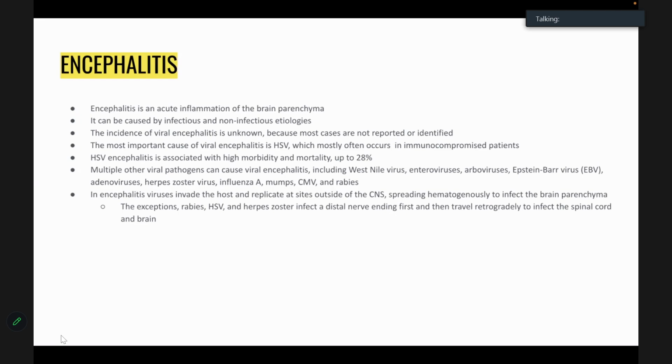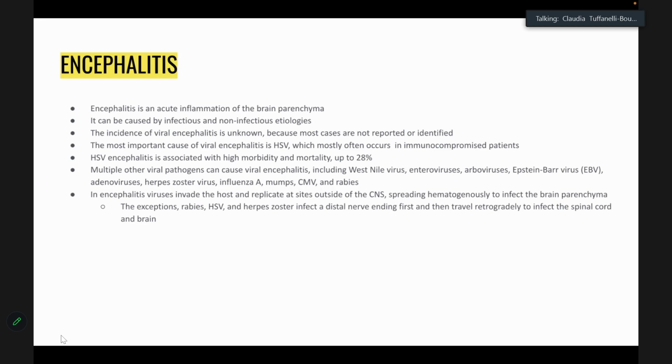And the incidence is kind of unknown because it's not diagnosed all the time and it can go untreated or unreported. The most common cause is HSV encephalitis, and that's from herpes. It's usually from the herpes 1 virus, but it can be caused by herpes 1 and 2.